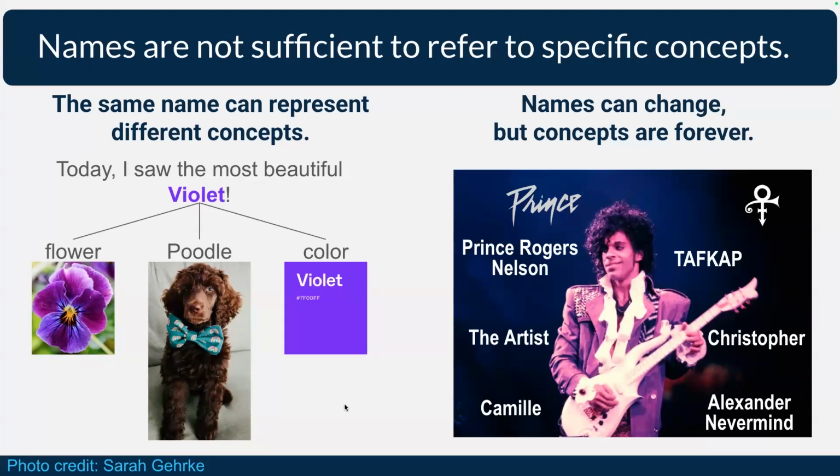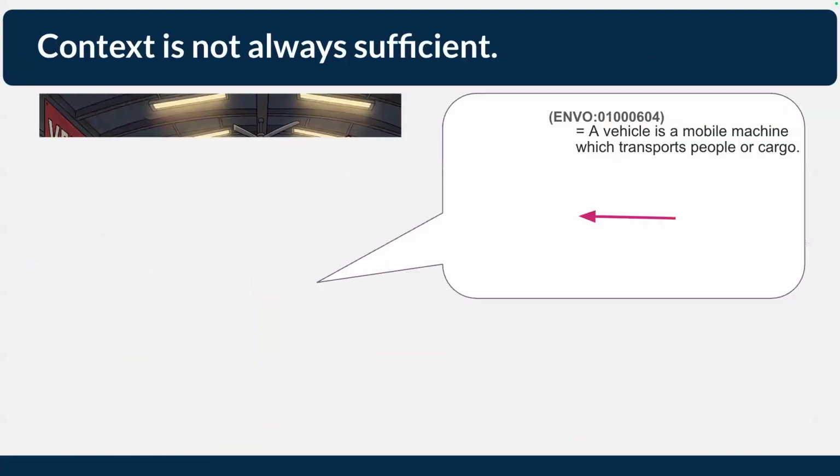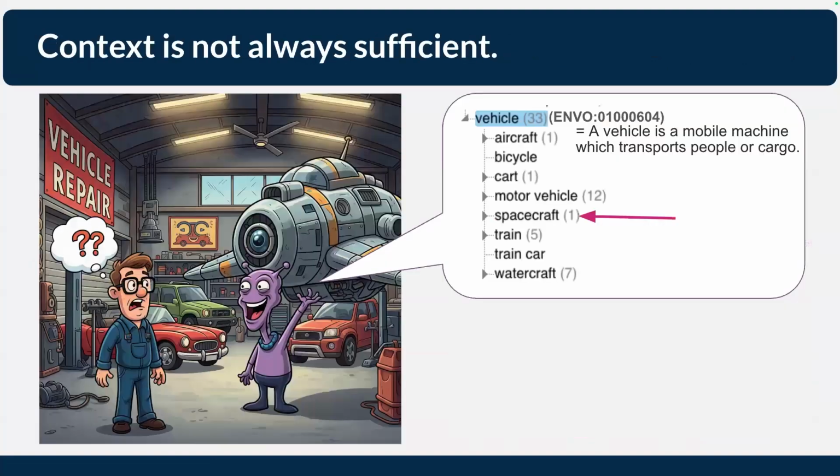You might say, oh, if I have context, I know exactly what you mean. Well, not necessarily, because context is not always sufficient. So in this made-up situation, this alien comes to a vehicle repair shop.